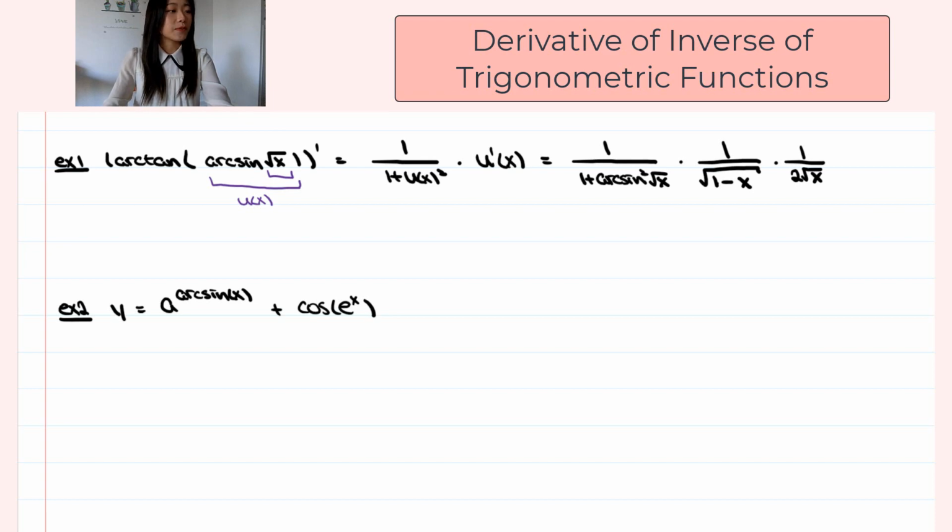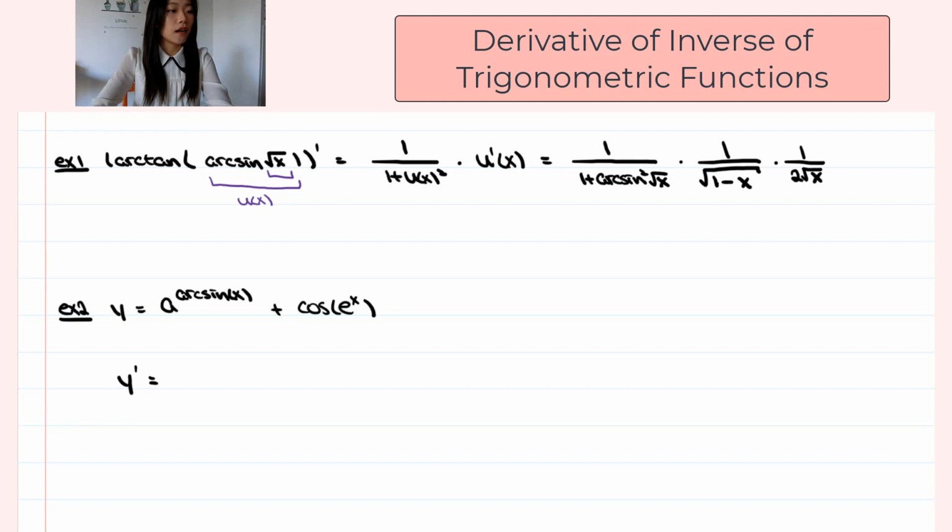In the second example, we want to find derivative of y. Y equals a to the power of arcsine of x plus cosine of e to the power of x. So y prime. The first term is a to the power of a function of x.